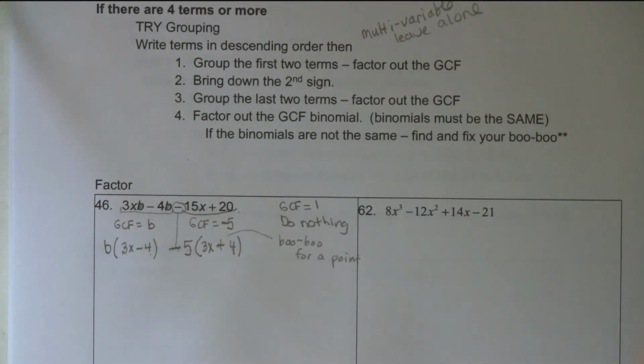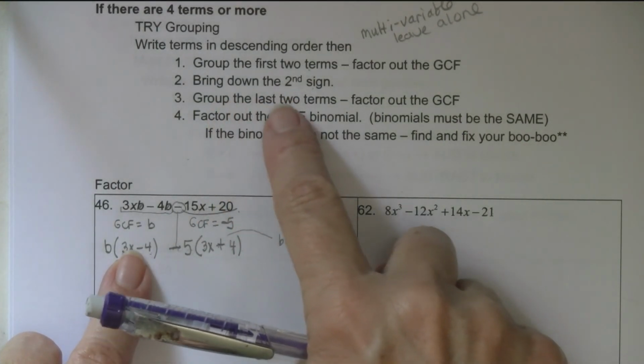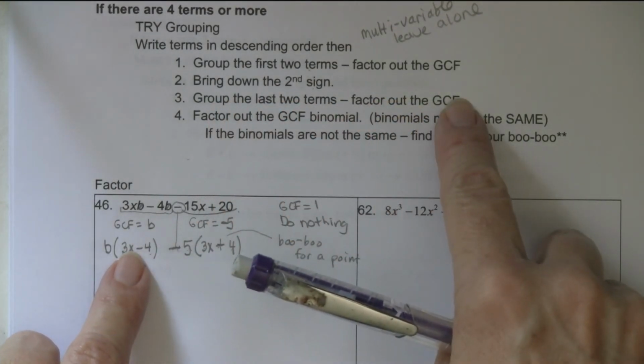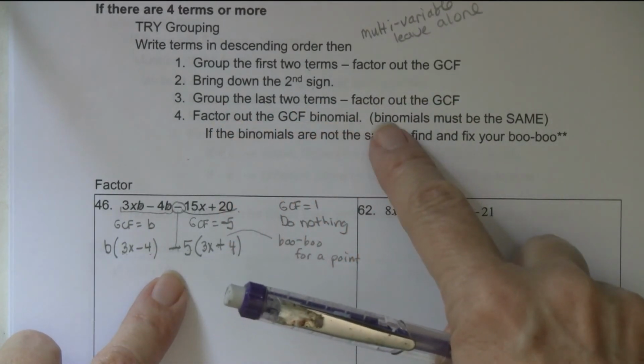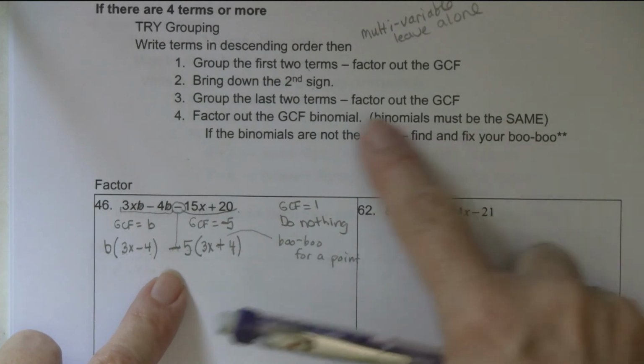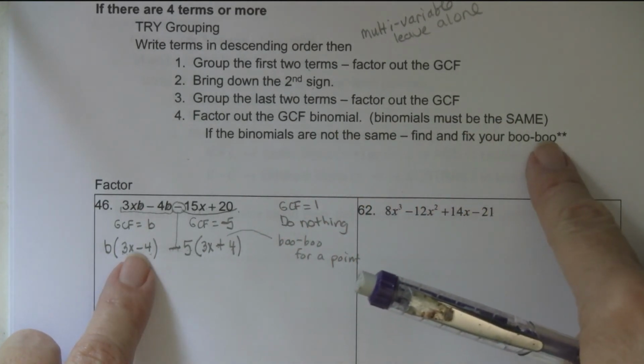So I know I have a boo-boo there, but the point I want to make is about these binomials, right? Group the last 2 and factor out the common factor. We're doing that. Factor the greatest common factor binomial. The binomials must be the same. If the binomials are not the same, find and fix your boo-boo, right?